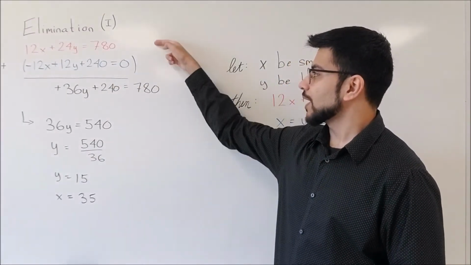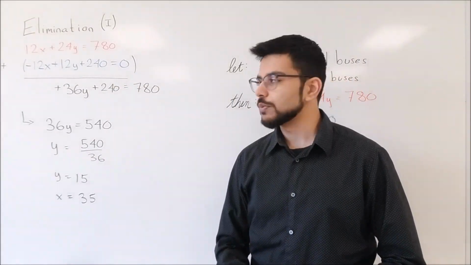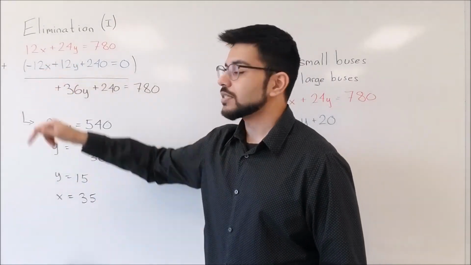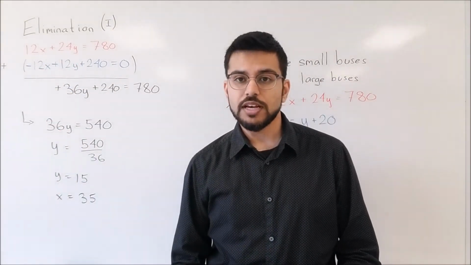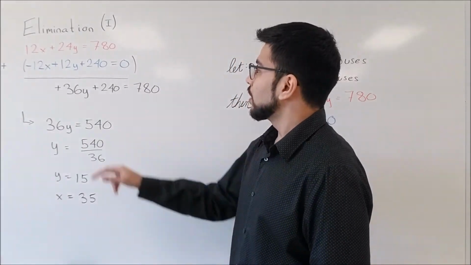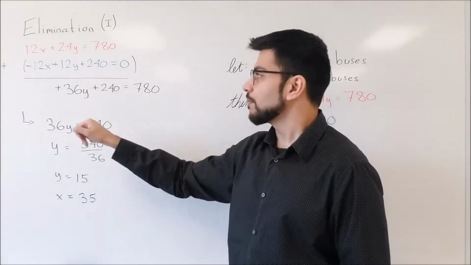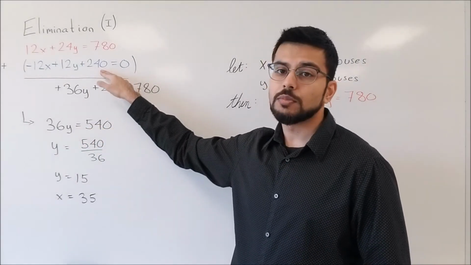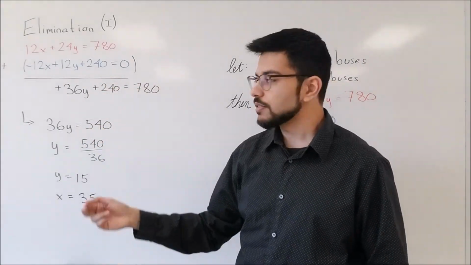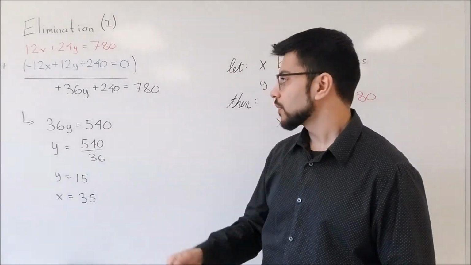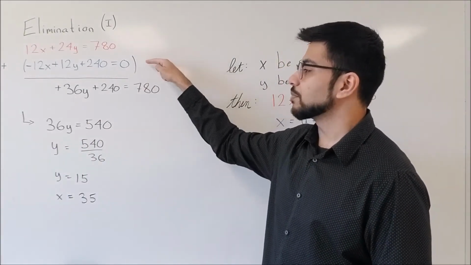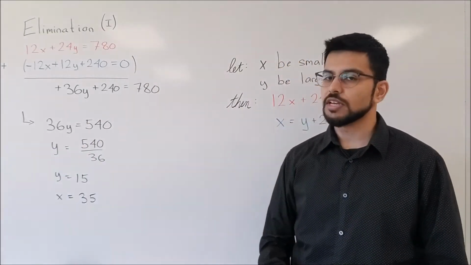And now I can actually add my blue equation to my red equation. So 12x plus negative 12x, well, the 12x's, they all cancel each other out. I have 24y plus 12y, I end up getting 36y. And I have 240 by itself, so it just adds to nothing, I still have 240. Lastly, I have 780 plus 0, which equals 780.